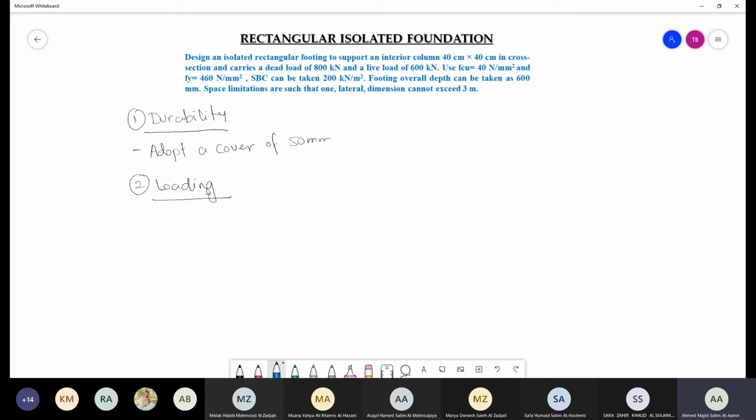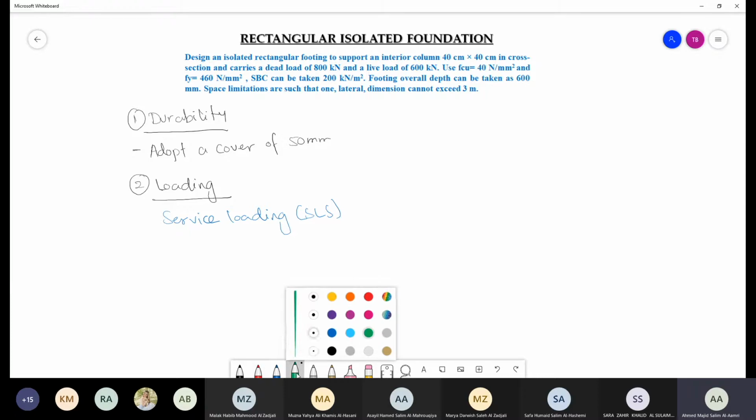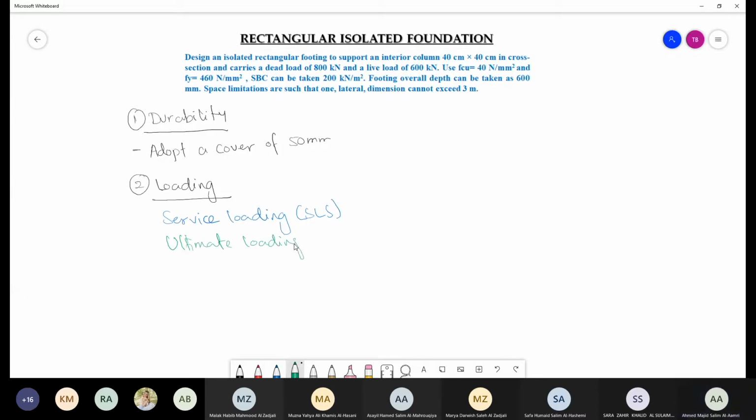One is what we call service loading, or SLS. And then we have another one, what we call ultimate loading, and we call it ULS.